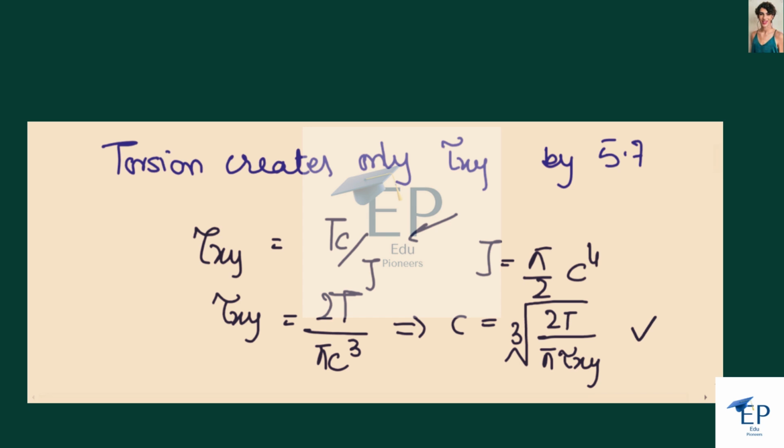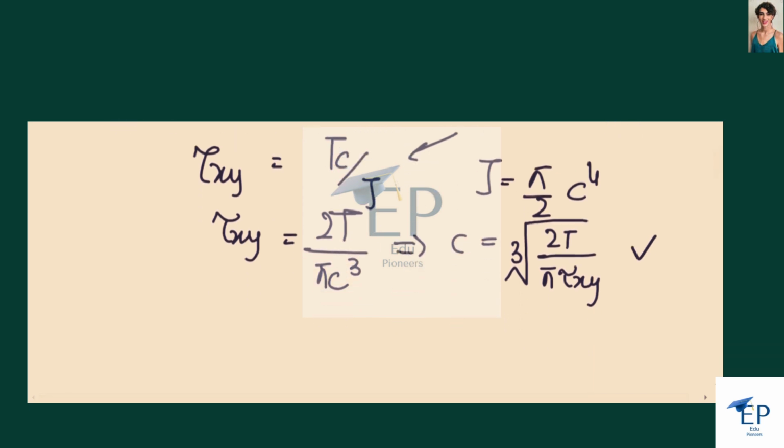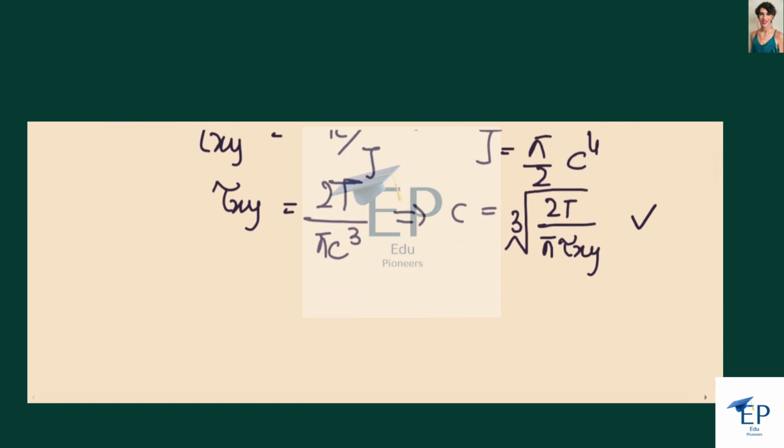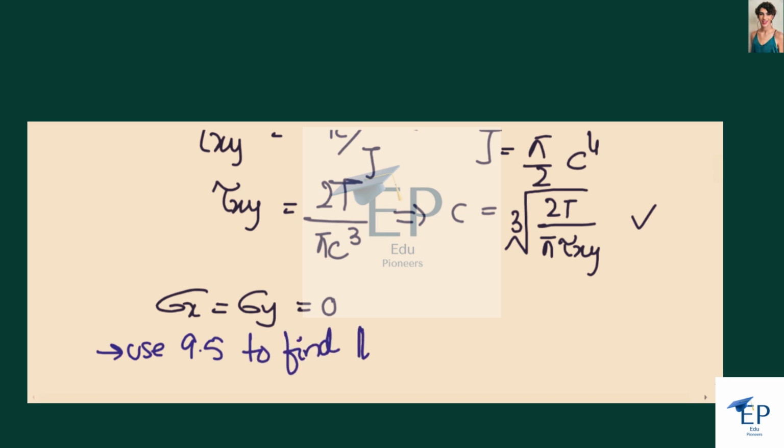And since we only have torsion, the only stress is the shear stress, meaning that the stress in the x and y direction is equal to 0, right? Now what we're going to do is use equation 9.5 to find the principal stresses.